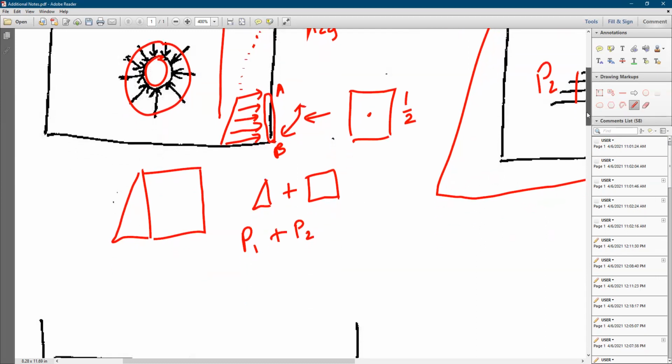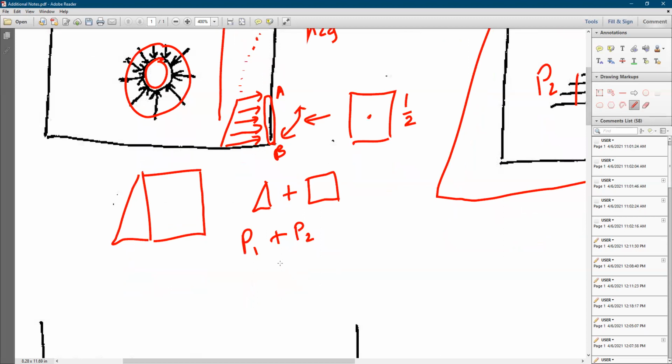Now what happens is that from here, P1, if you look at these shapes, you are actually dealing with gamma H, right?